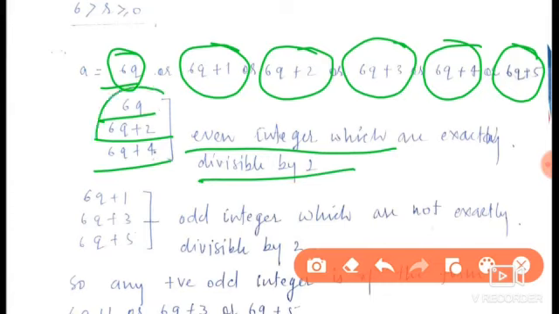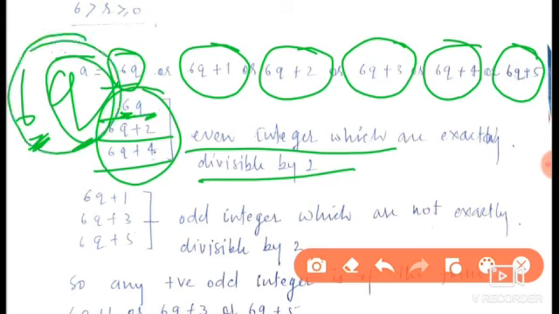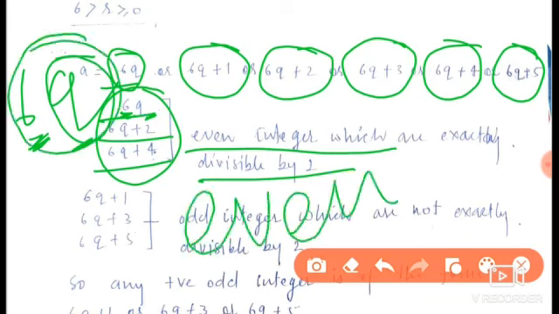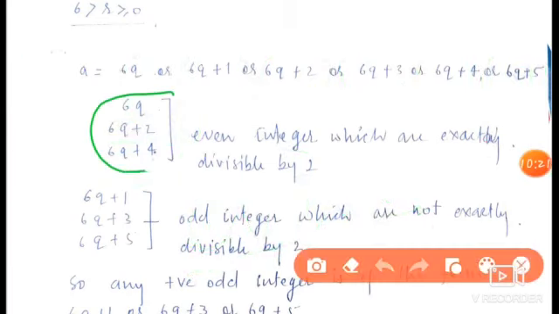Why are these even? Because the multiplication of even into even or odd is always even. 6 is already even, so whether q is even or odd, the multiplication of both will be even. So 6q is even, and even plus even is even. So 6q + 2 is even and 6q + 4 is also even. So these are exactly divisible by 2, so these numbers are even numbers.